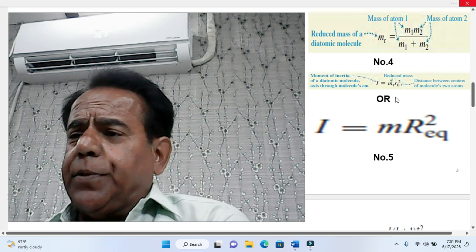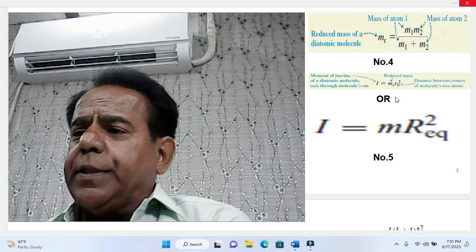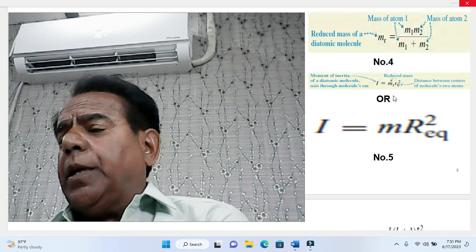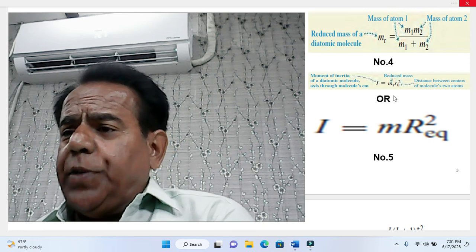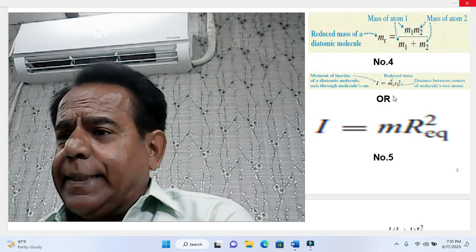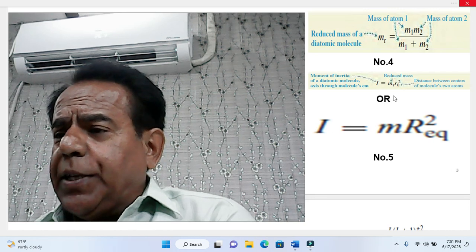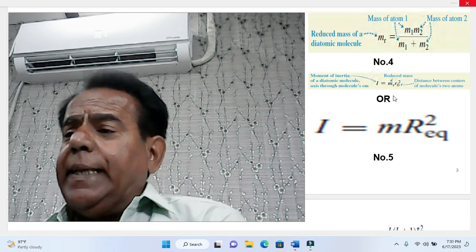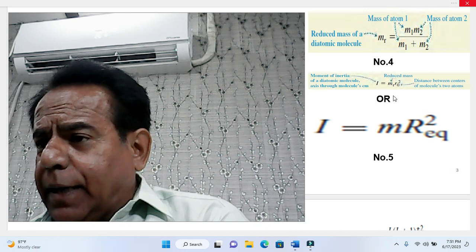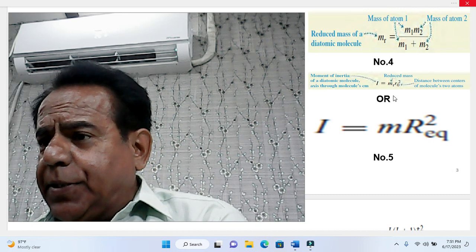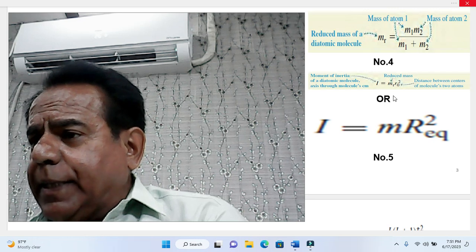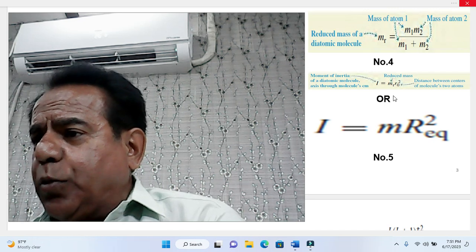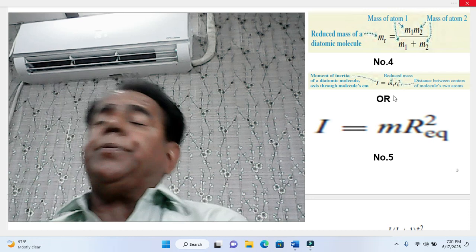Helping tool number 4 is about the moment of inertia of a diatomic molecule. Okay. Moment of inertia of a diatomic molecule, axis through the molecule's center of mass: I is equal to M_r R_0 squared, where M_r is the reduced mass and R_0 is the distance between the centers of the molecule's two atoms.